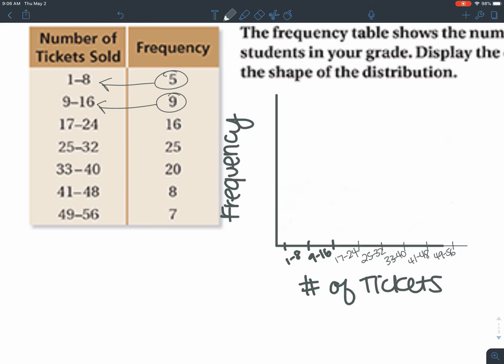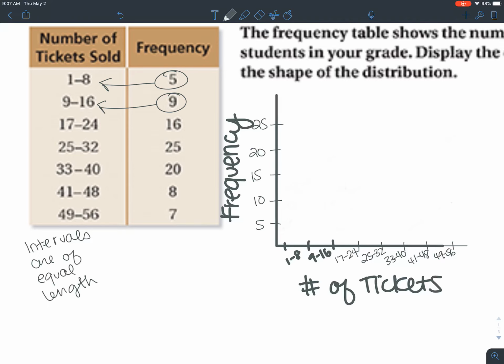So notice that our intervals are of equal length. If they're not, then we cannot compare them. And then our highest frequency is 25. So let's count by 5s. Okay.